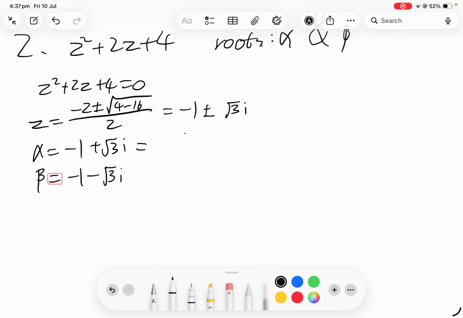And then the modulus will be square root of negative 1 squared plus negative square root 3 squared. It'll be cis tan inverse, it'll be square root 3 over negative 1.